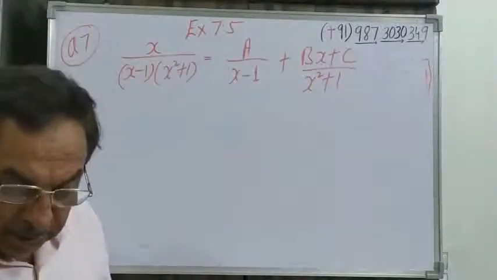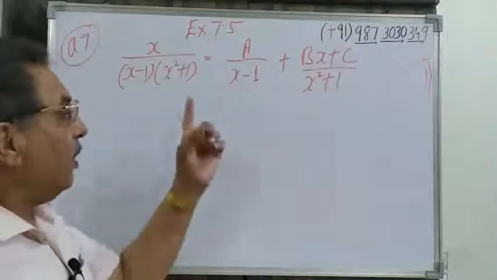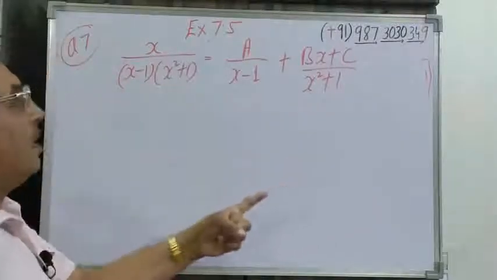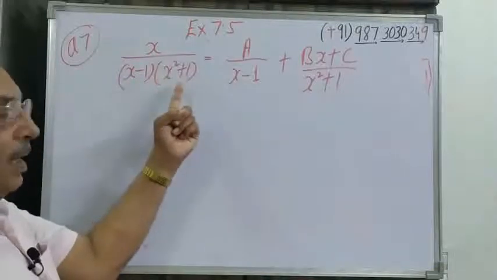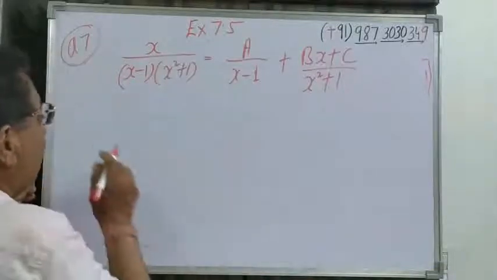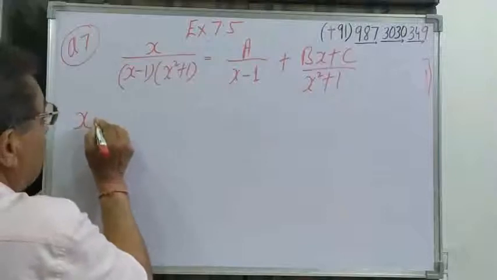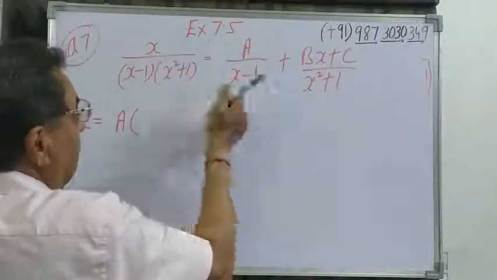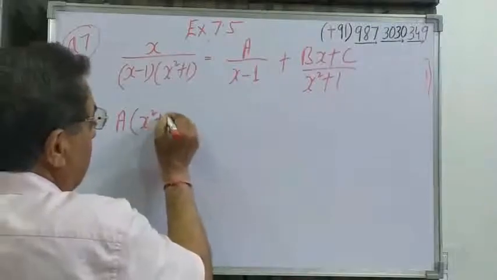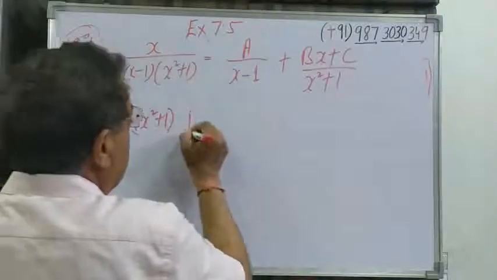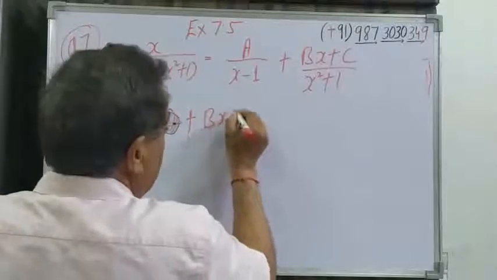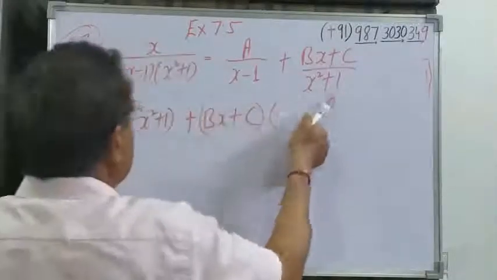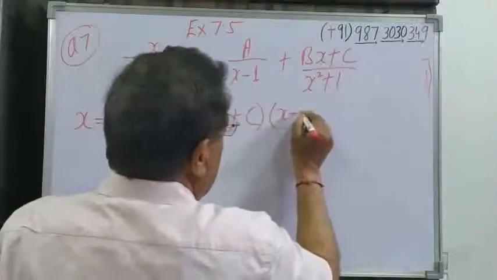Now to find the values of A, B, C, I will multiply both sides by (x minus 1) and (x square plus 1). So what are we getting? On the left side we get x, and on the right side A into (x square plus 1), and Bx plus C into (x minus 1), since the other factors get cancelled.